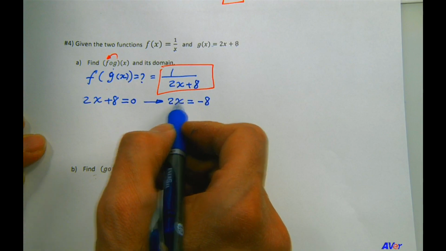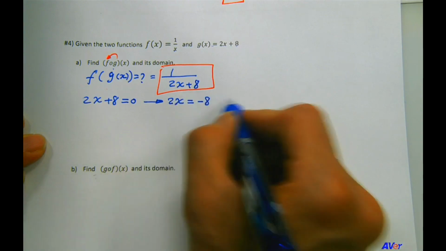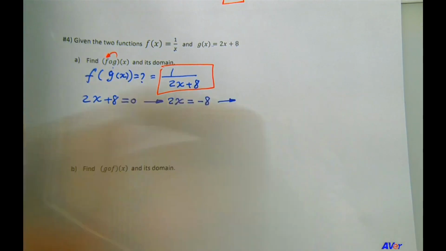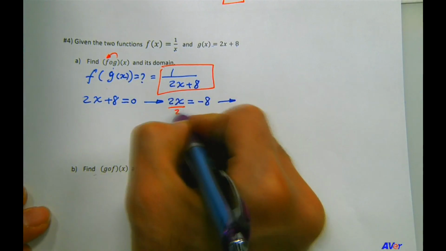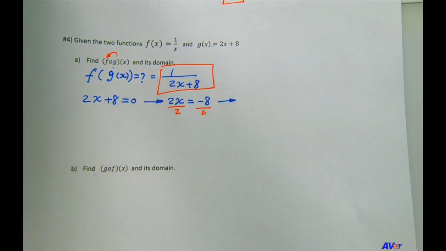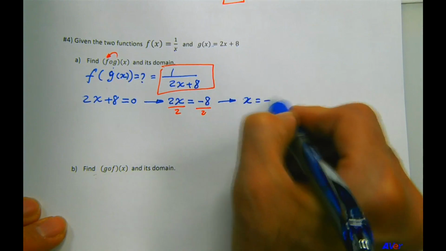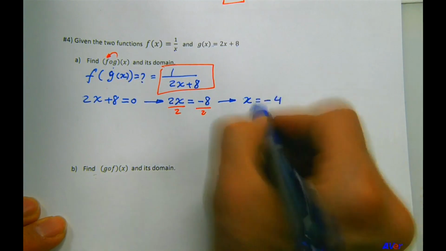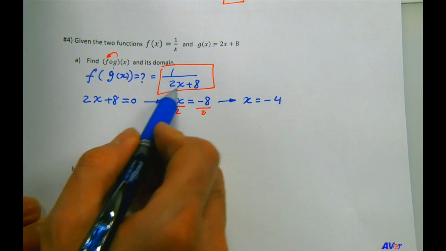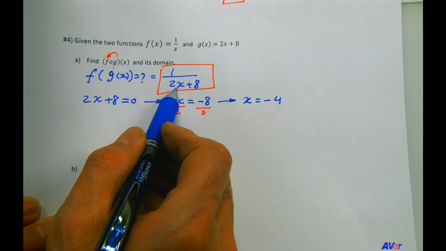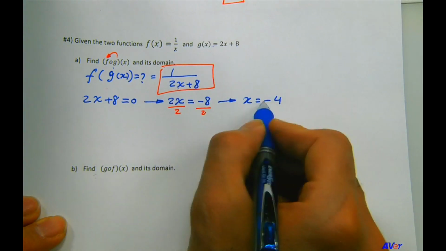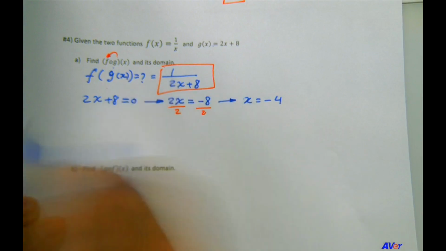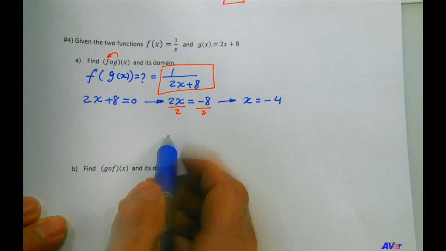We need to isolate x more in order to solve for it, so divide both sides by 2 to get rid of that 2. So x equals minus 4. That number will make this denominator 0, which is trouble. So we need to exclude this number from the domain.